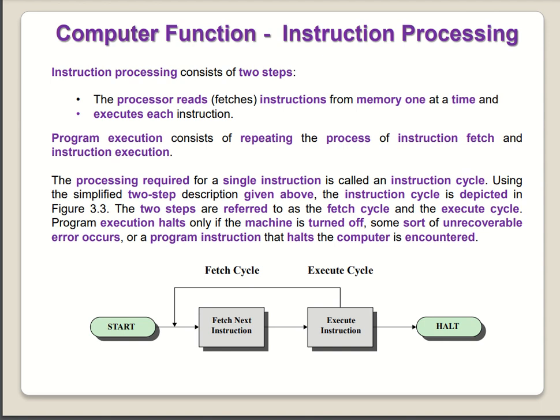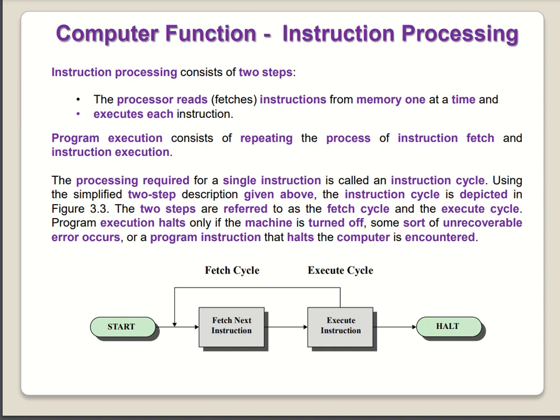The two steps are referred to as the fetch cycle and the execute cycle. The program execution halts only if the machine is turned off, or else it will continue fetch, execute, fetch, execute until an error occurs, maybe, because when an error occurs it can't continue.